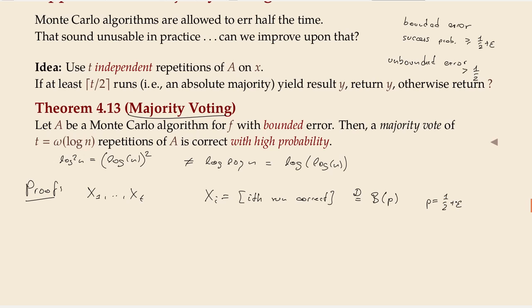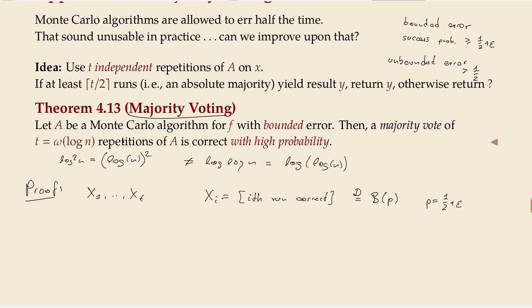And it might be that this epsilon is a different one for each input, but it's the same in all the repetitions of our algorithm here on a single input. So we don't have the problem that we just had with the dependent random variables.